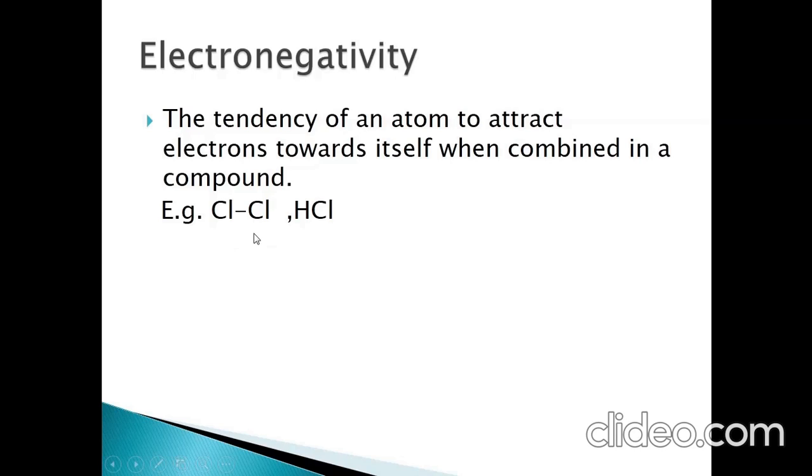Now, a bond has how many electrons? There are 2 electrons in a bond. In the case of HCl, chlorine is more electronegative than hydrogen. So instead of breaking the bond, chlorine will pull the electron towards itself. This tendency of an atom to attract electrons towards itself when combined in a compound is called electronegativity. And we have seen 2 examples, the chlorine molecule and HCl.